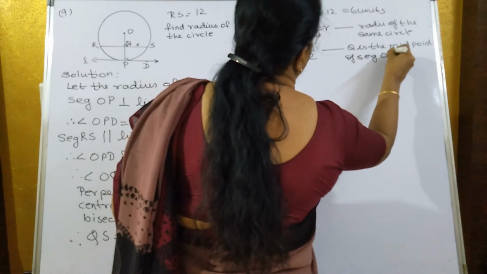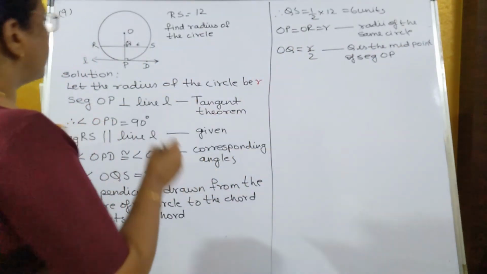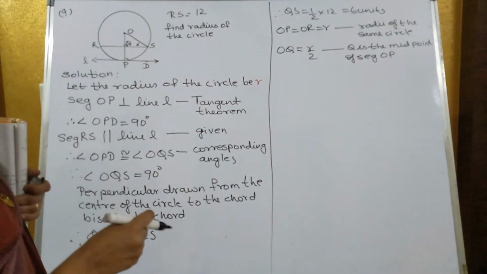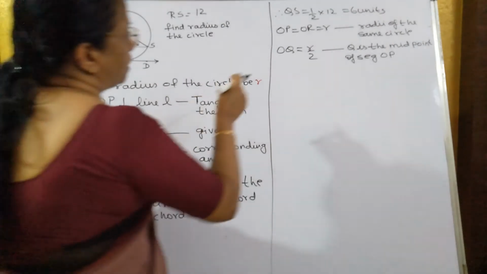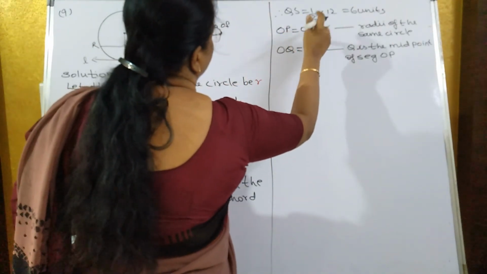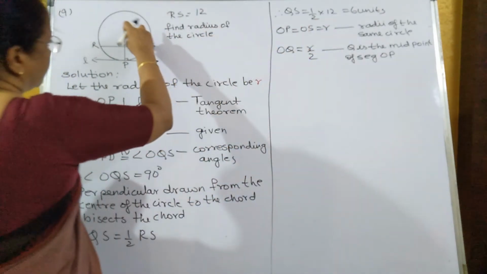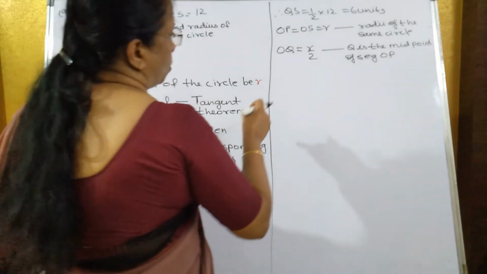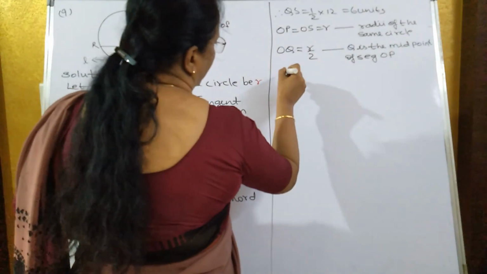Now this is a right angle triangle. OS is also equal to R only. So we will write OP is equal to OR; instead of OR we will take OS, because we are taking the triangle on this side. So OP is equal to OS is equal to OR, and OQ is equal to R upon 2.